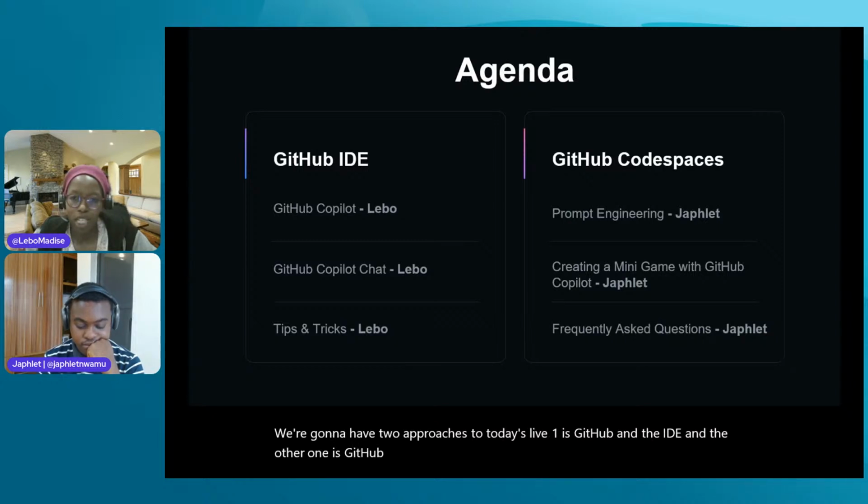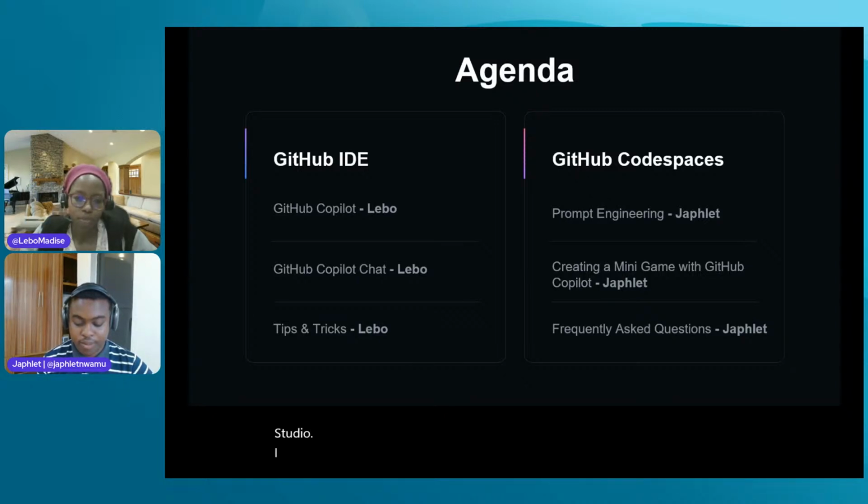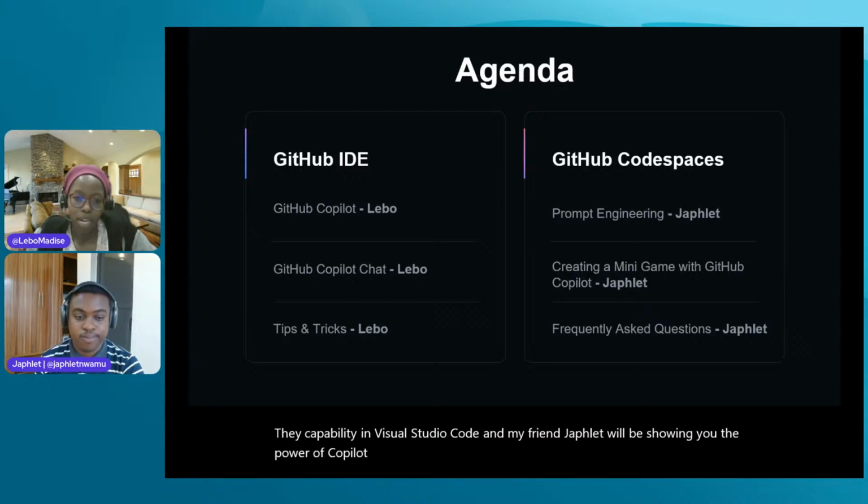But the main trend throughout the session is Copilot. So I'll be using GitHub Copilot from within my favorite IDE, which is Visual Studio. However, I'll also show you the capability in Visual Studio Code. And my friend Japhlet will be showing you the power of Copilot in Codespaces by having you join him in creating a mini game.